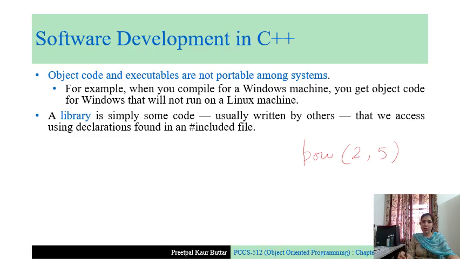We are simply calling it and getting the result. We are not actually writing it. It has been written by others. It is already available. Such codes are called libraries, and they can be accessed by #include files. So we can access pow using #include <math.h>.